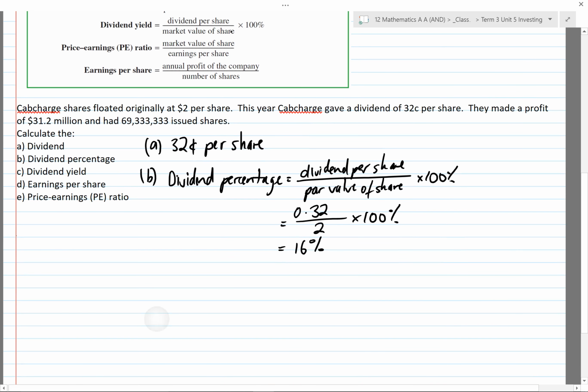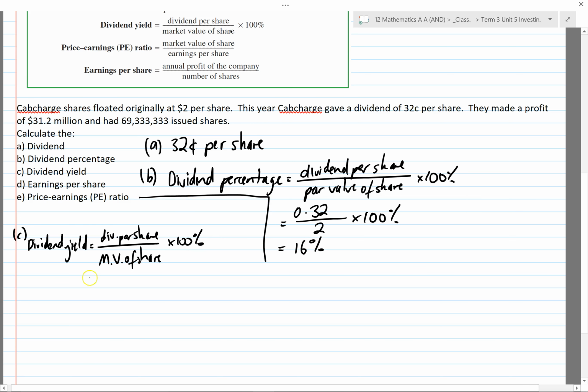I can then have a look at the dividend yield. Again, have a look at the formula, dividend per share divided by the market value of the share, from this formula at the top. Again, times by 100 to make it into a percentage. 32 cents. What's the market value of the share?